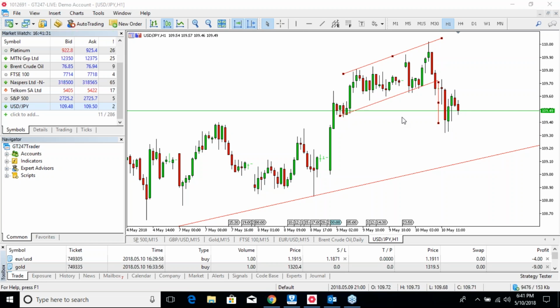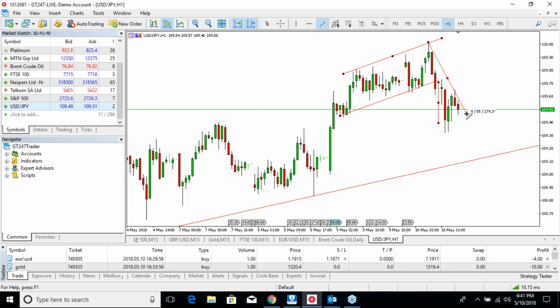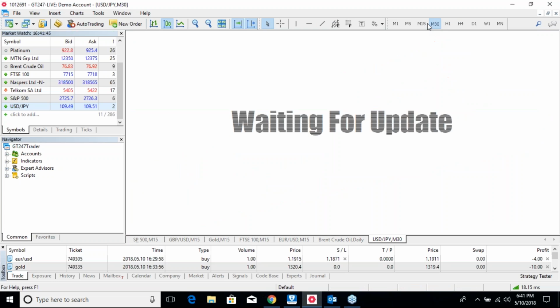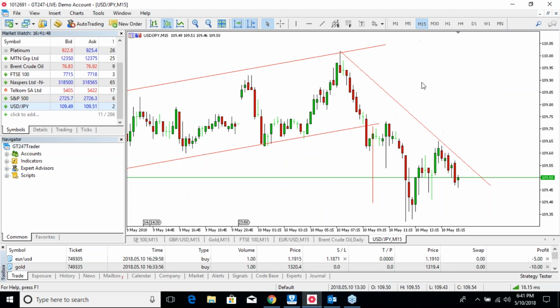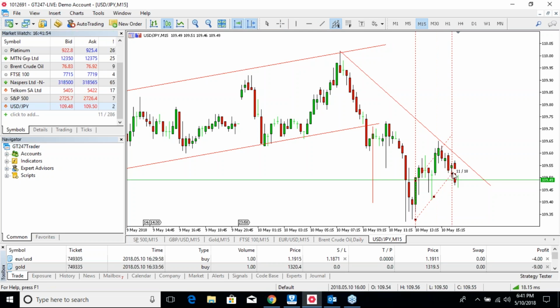From here, so it did retrace. Zoom in, put in another trend line there. Okay, but that's on an hour chart. And there we go, we do another channel.